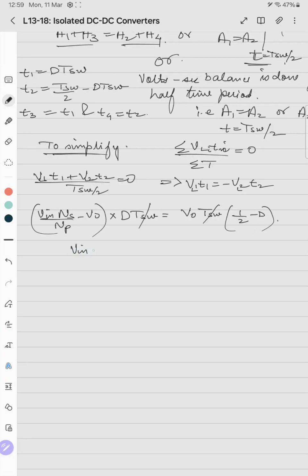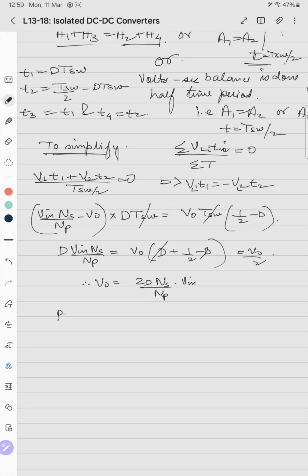So LHS is Vin into Ns by Np into D equals V0. If you take V0 common, it will be D plus half minus D, so it will be V0 by 2. Therefore V0 becomes 2D into Ns by Np into Vin.